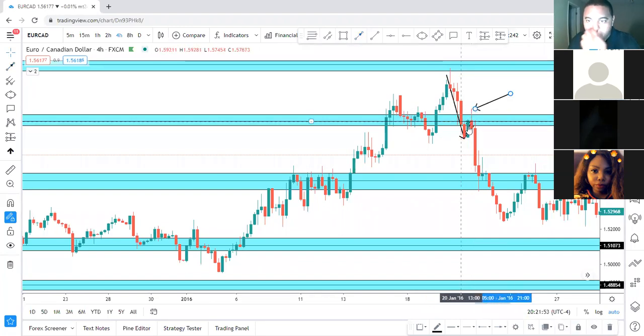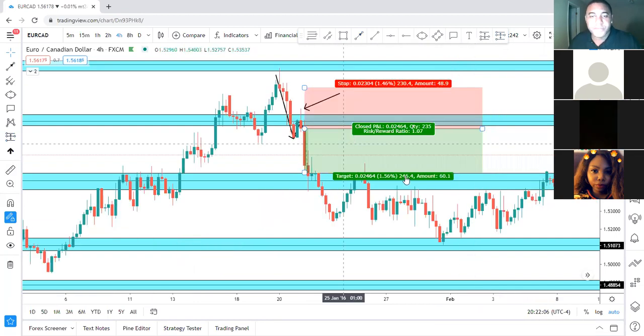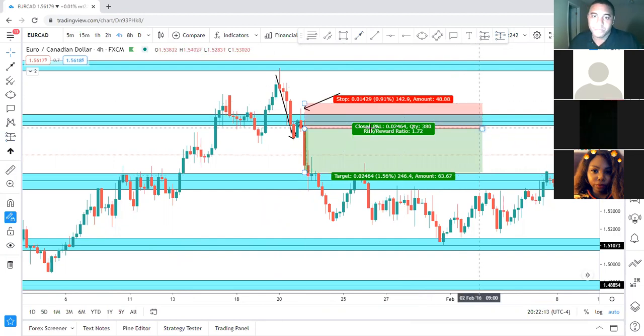It showed us that the market tried to go up and failed, and then after that long wick, we finish as a bearish candle, and let's say we ride it down to the next zone. Easy 246 pips, no hassle at all. All right, easy money, easy money.